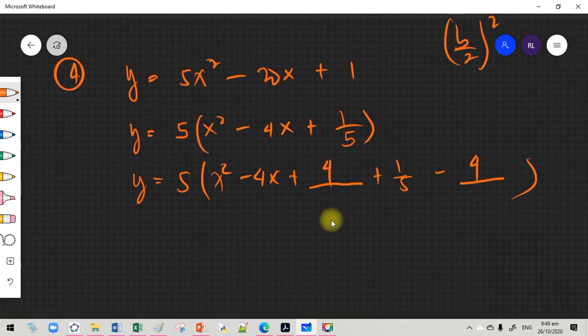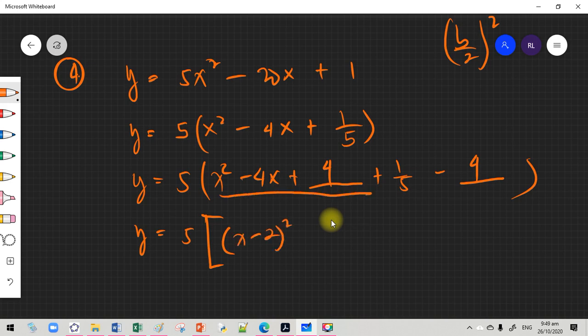So we'll have y equals 5, factor this one, we'll have (x minus 2) squared, then simplify this portion, that is 1/5 minus 4, which will give us negative 19/5.